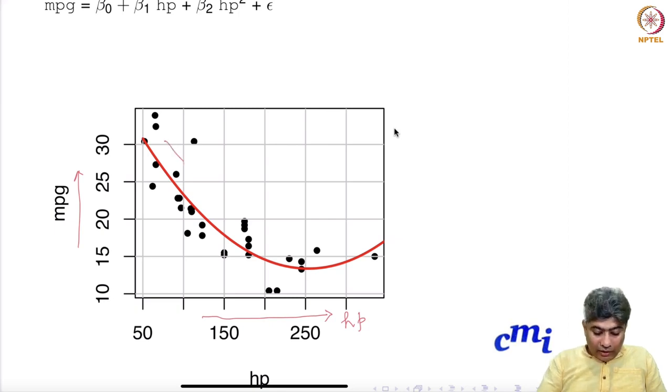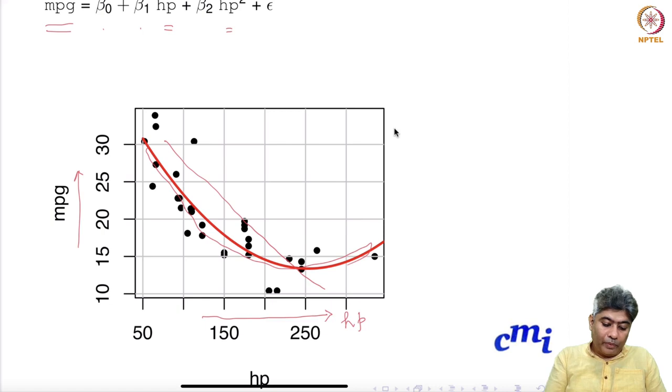We could have easily fit a straight line here, but one can also try quadratic regression. Now, how can this quadratic regression be fit? The simple way of doing it: miles per gallon as a function of beta naught plus beta 1 horsepower plus beta 2 horsepower square plus epsilon.